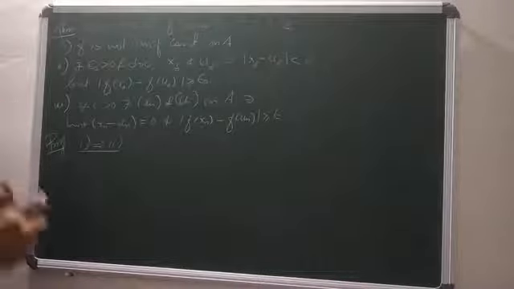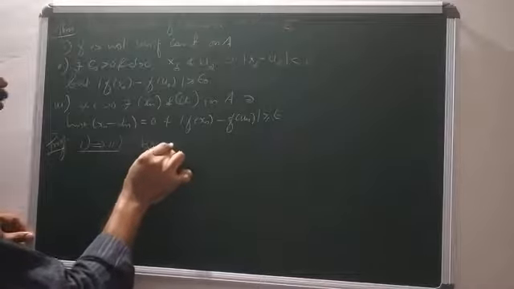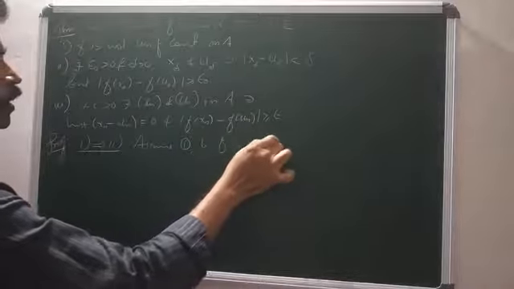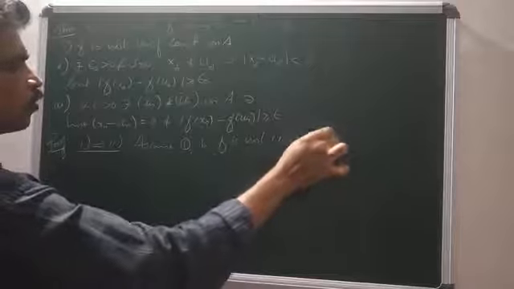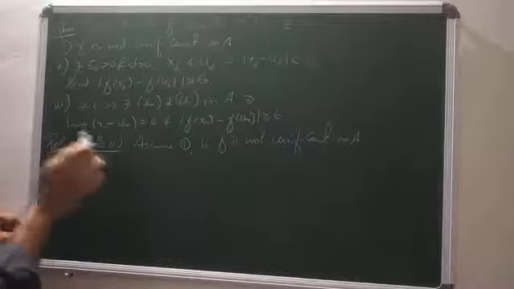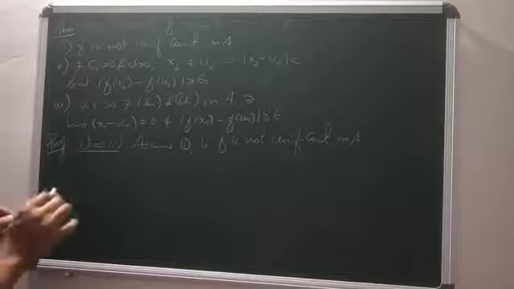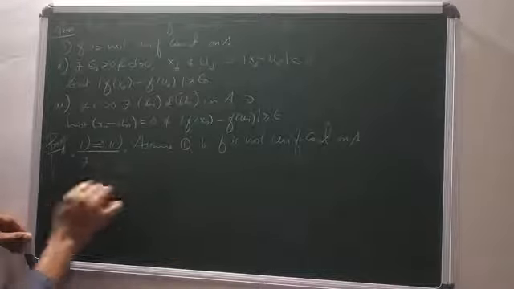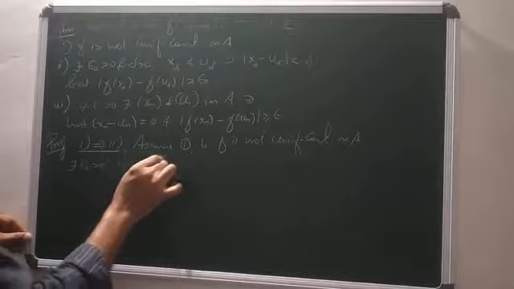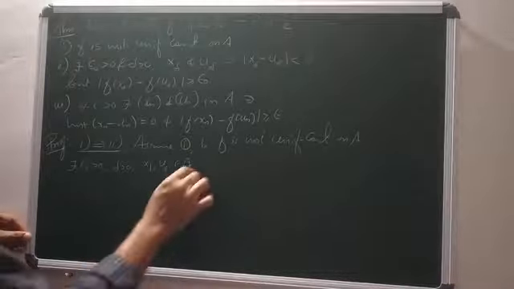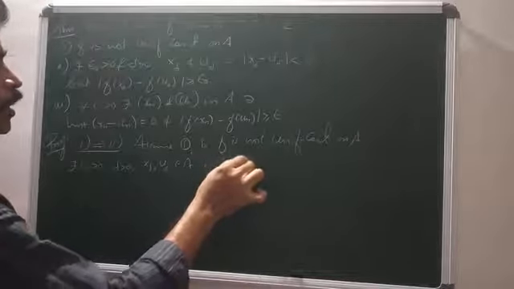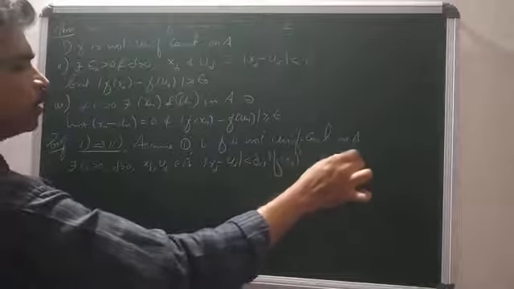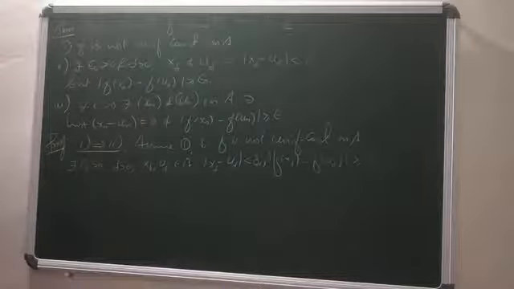Assume 1, that is, f is not uniformly continuous on A. So by the definition of non-uniform continuity of a function, we know that there exist some epsilon naught positive and delta positive such that any two points, say x delta and u delta in A, with modulus of x delta minus u delta less than delta, have modulus of f(x delta) minus f(u delta) greater than or equal to epsilon naught.